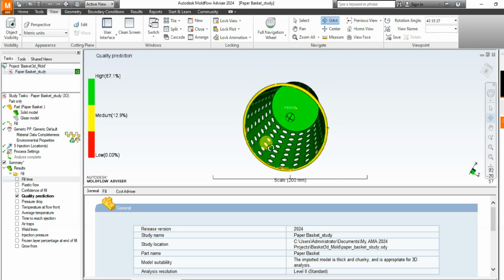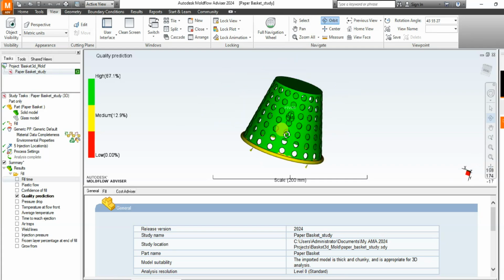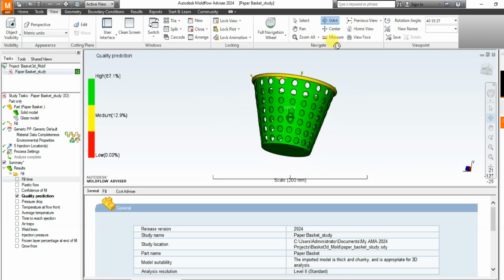But in this case you can see that there are no reddish parts in the analysis results. So this is very, very important. And like I said, we look at the color indicators. All green shows that the part quality should be acceptable. Some yellow indicates that the part quality may not be acceptable.